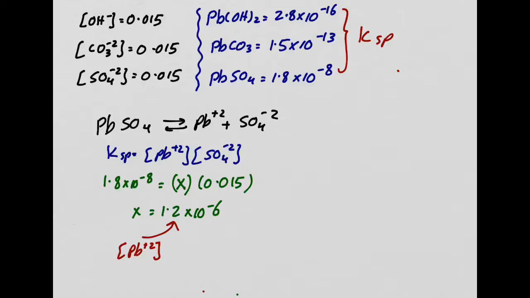So if I'm adding lead 2 nitrate to these things, this is how much lead I would have to add before the sulfate can precipitate out. So that's the lead 2 concentration needed to precipitate the sulfate out.